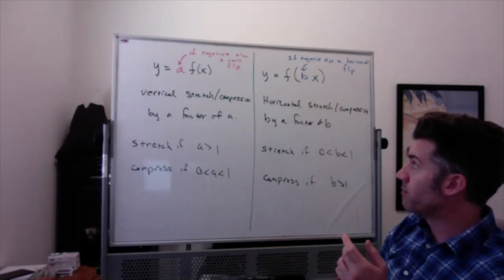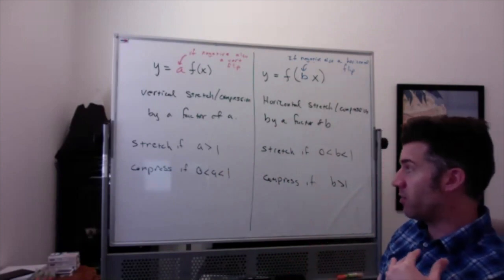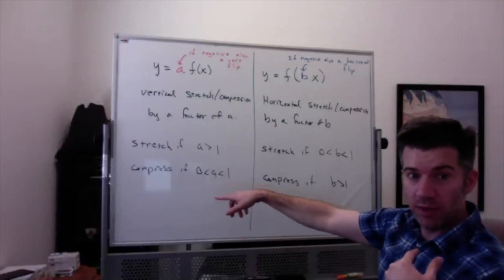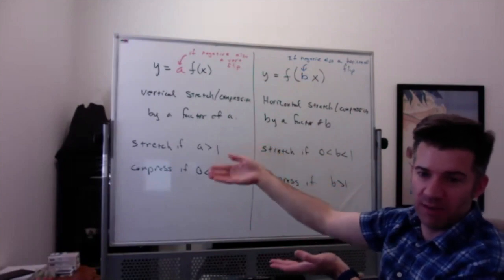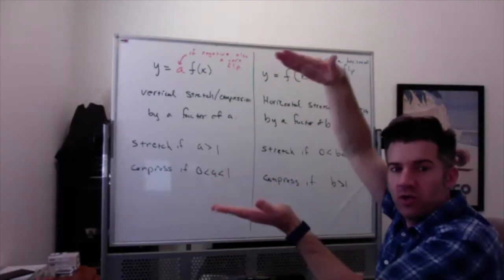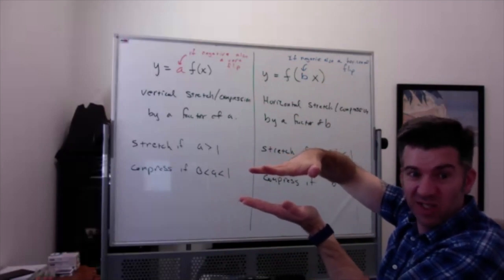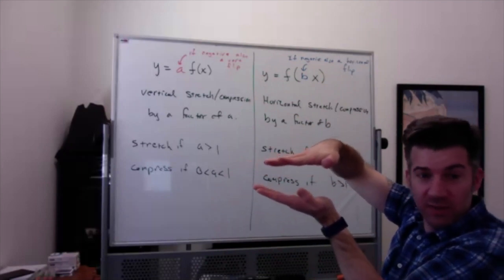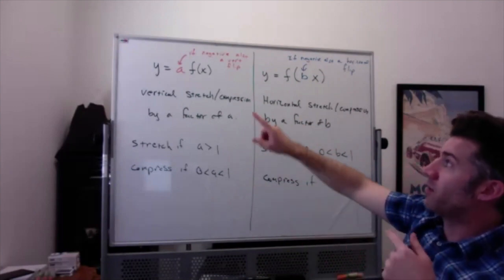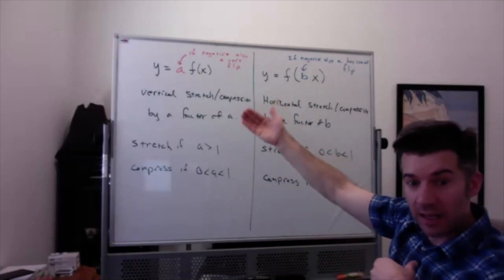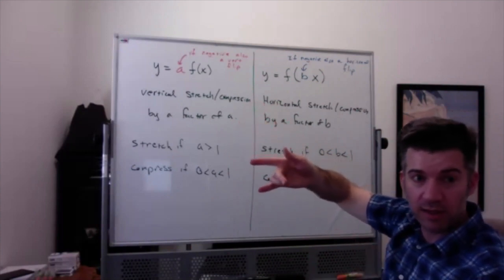On the other hand, if you multiply by a number that's between 0 and 1, like 1/2, the book people often say compress, I like to say squash. You're going to squash it down vertically so that it's not as tall as it was before. And we'll definitely see some examples of that. I will also point out that if the coefficient you multiply by happens to be negative, you're also going to incur a vertical flip, like we talked about last class.